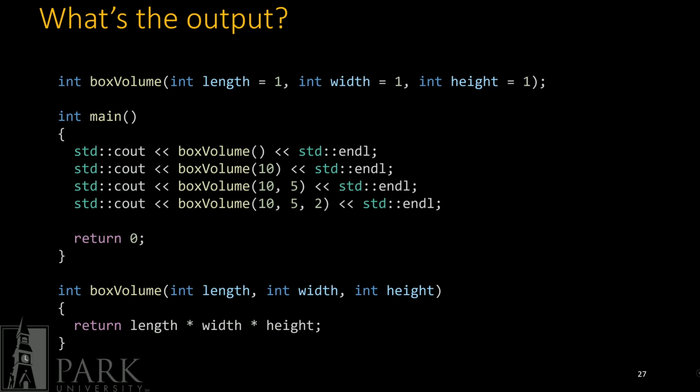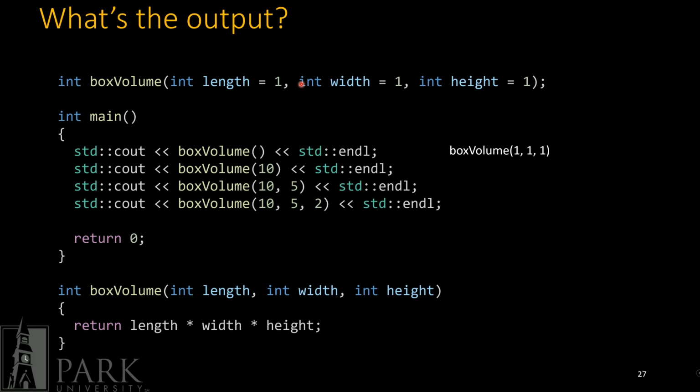We can specify a default value for a function parameter. When a function call doesn't specify a value for such a parameter, the compiler rewrites this function call and inserts the default value of that argument. Because of this, when the first call is made here in box volume, the compiler is going to rewrite this as box volume 1, 1, 1.